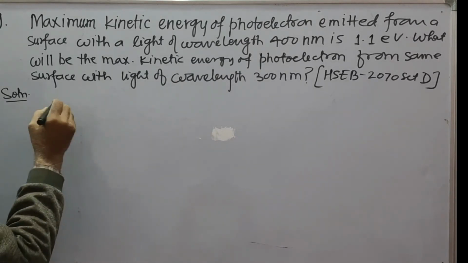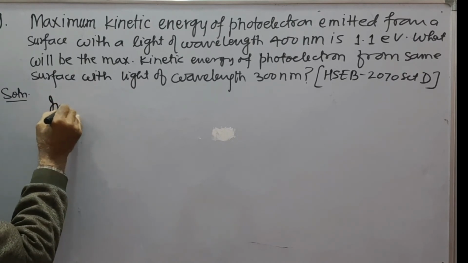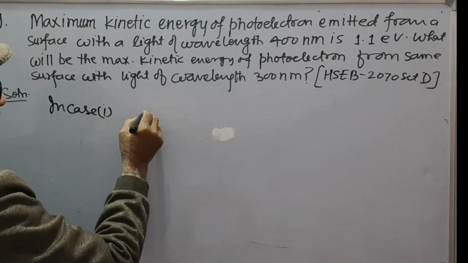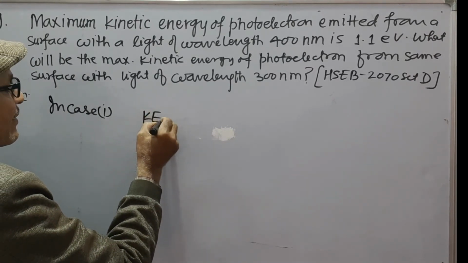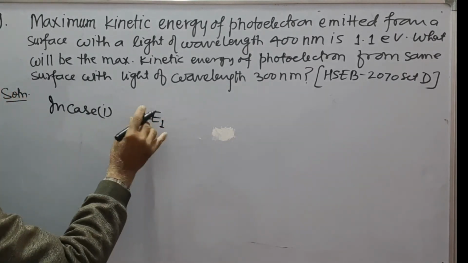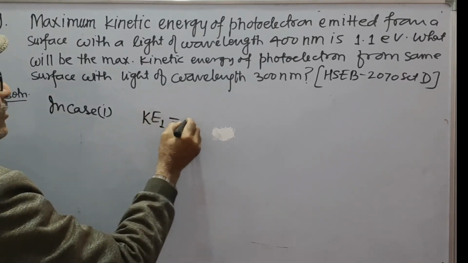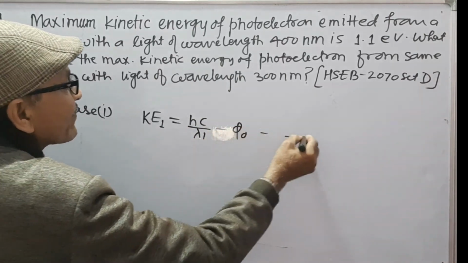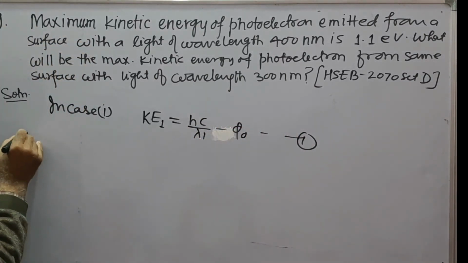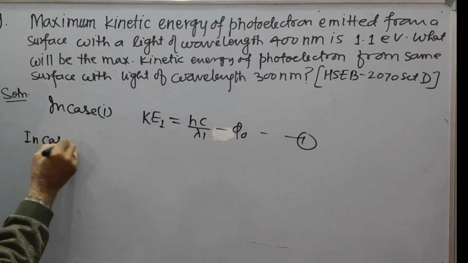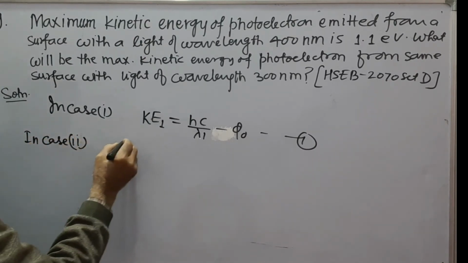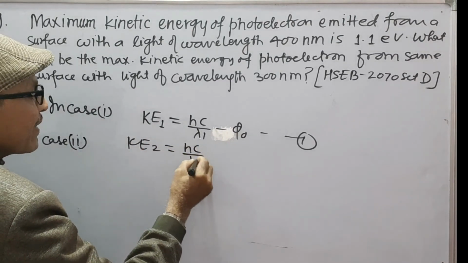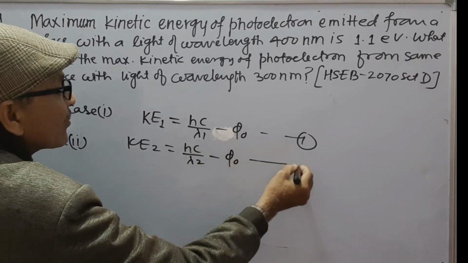Here, in case 1, K1, the maximum kinetic energy of photoelectron, is equal to hc upon lambda 1 minus phi naught, equation 1. And in case 2, K2 will be equal to hc upon lambda 2 minus phi naught, equation 2.